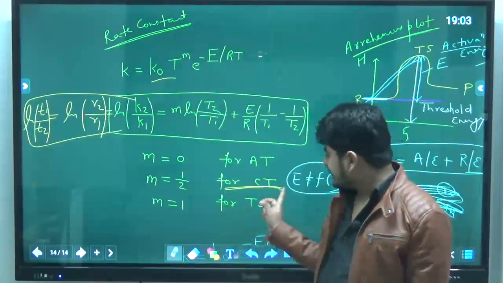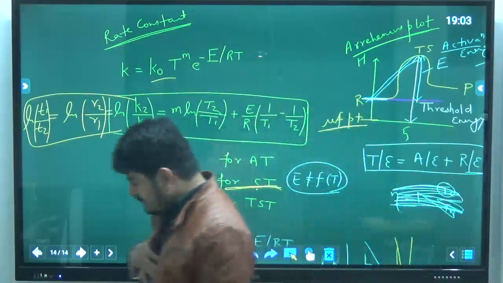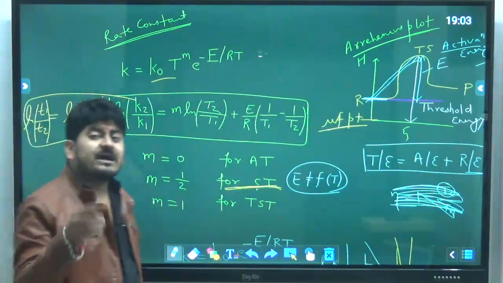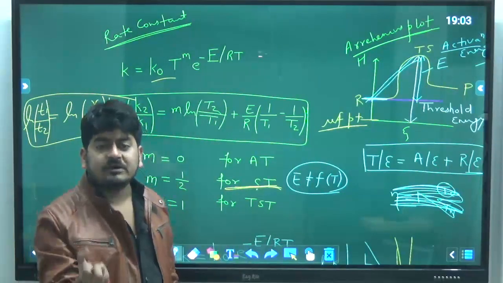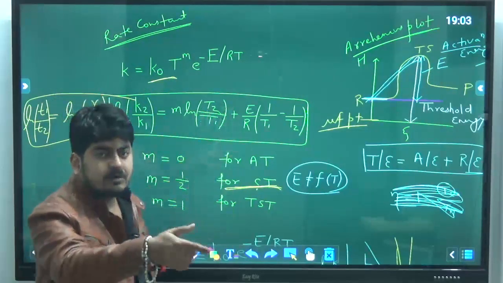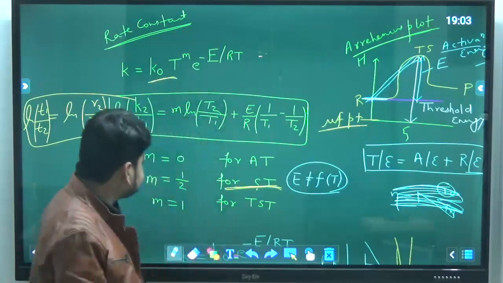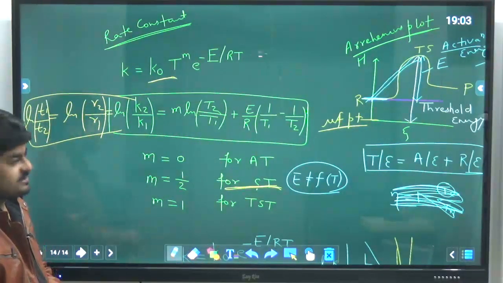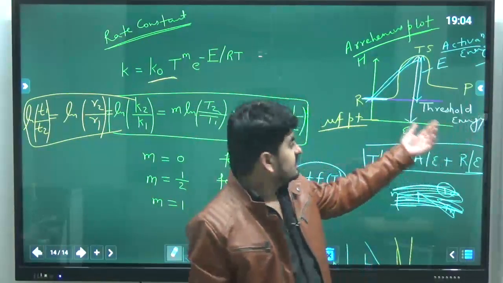Since collision theory is based on kinetic theory of gases, and kinetic theory of gases is based on the number of collisions between the gaseous molecules, that's why this K naught can be termed as frequency factor. In collision theory, not in the RNS theory or transition state theory.